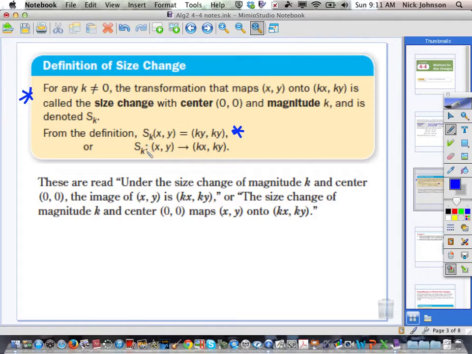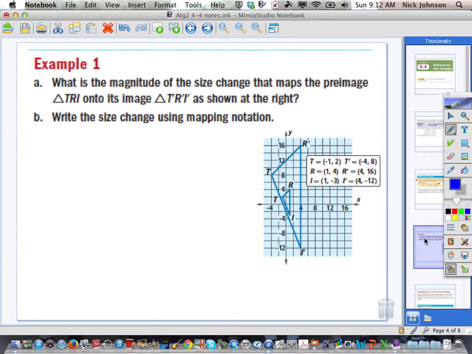All they did was put colons in here and then use this arrow to say maps to. Okay? It is read: under the size change of magnitude k and centered 0, 0, the image of x, y is k times x, k times y. Or the size change of magnitude k and center 0, 0 maps x, y onto k times x, k times y.